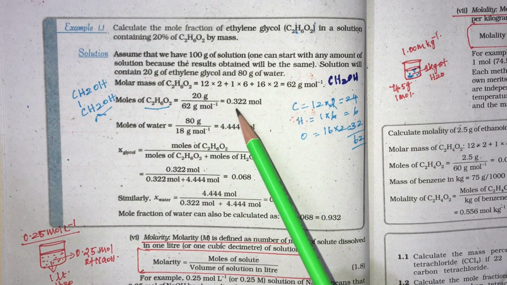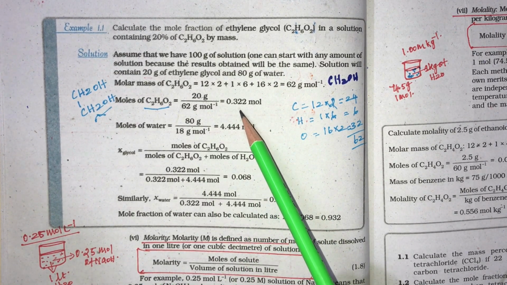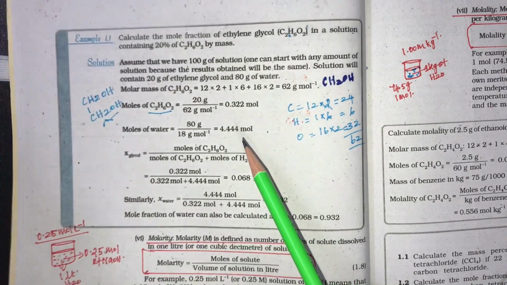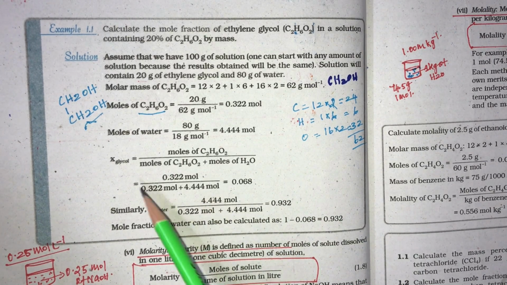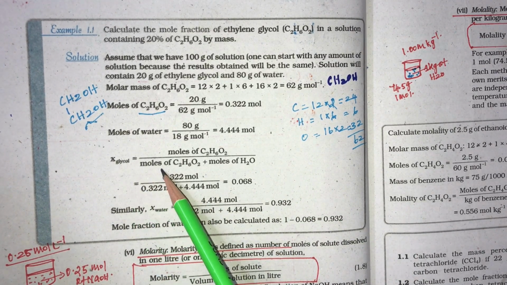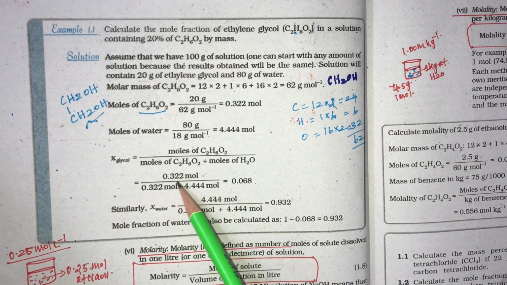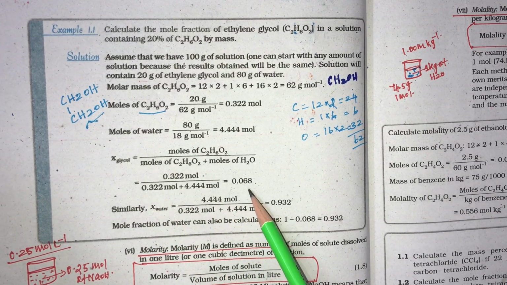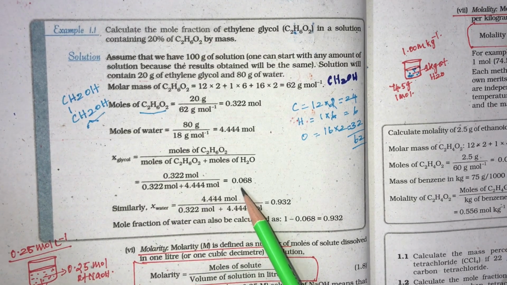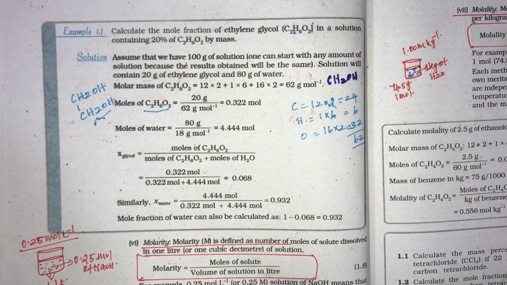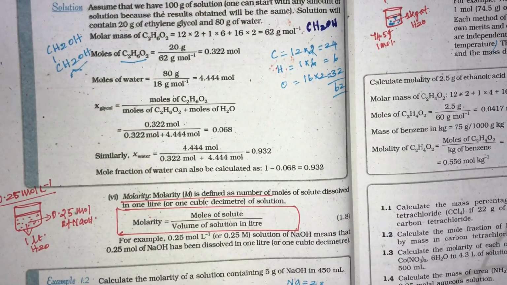So ethylene glycol is 0.322 mole, and the number of moles of water is 4.44 moles. So the mole fraction of glycol is 0.322 over the total number of moles, which gives a mole fraction of ethylene glycol of 0.068.